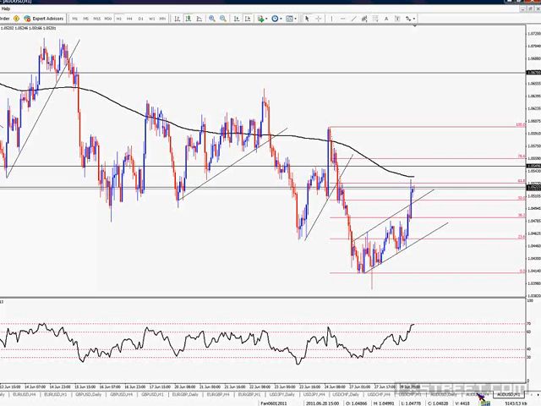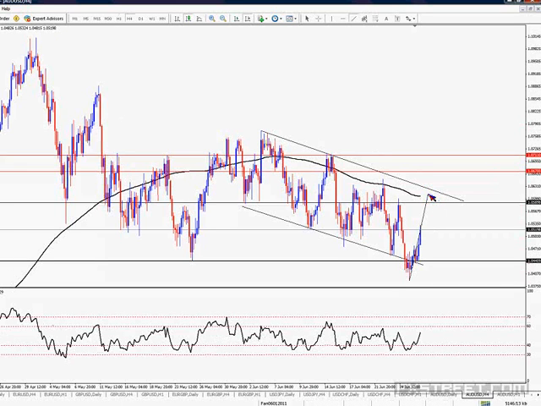Let me go to the 4-hour chart. Okay. So if this corrective rally extends further into the medium term, we could rally towards the resistance of this channel. Okay, which could be around 1.06, and that's the 4-hour chart 200 moving average.